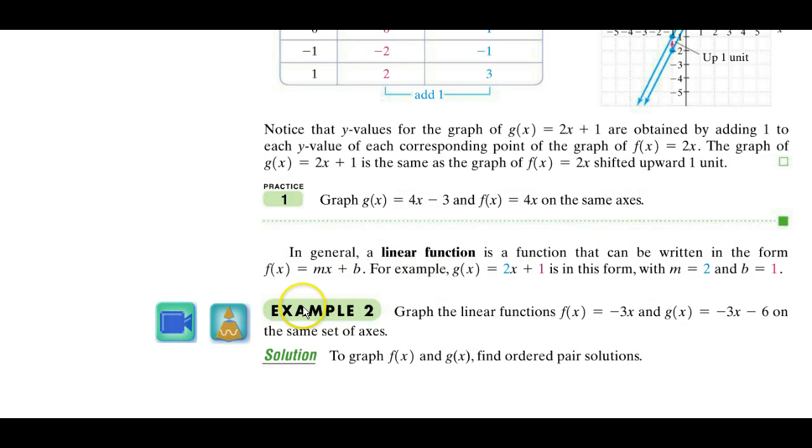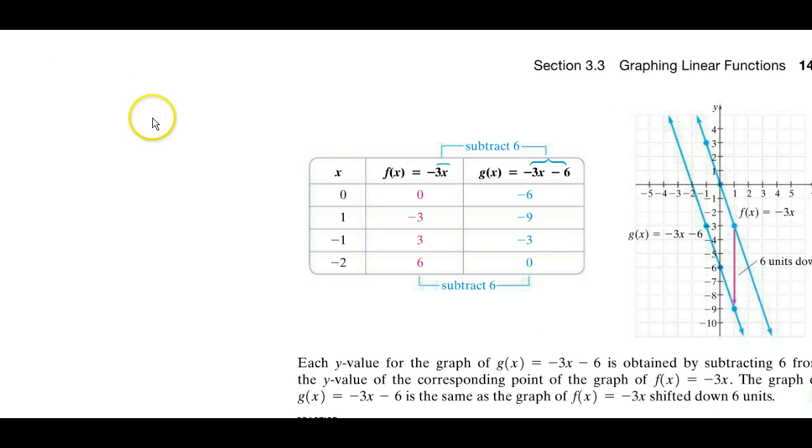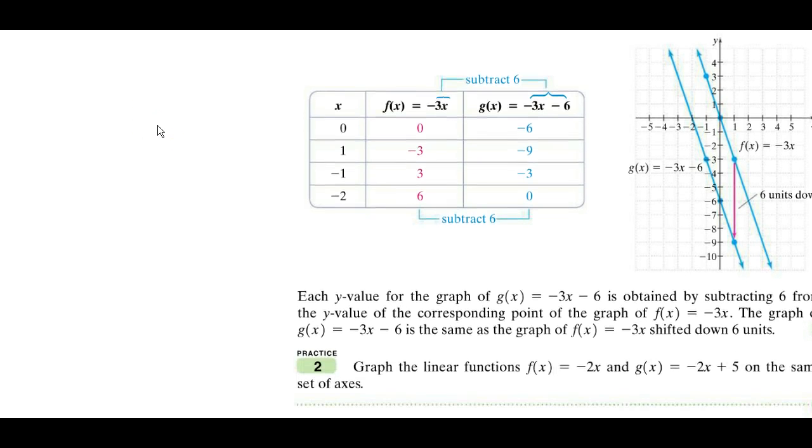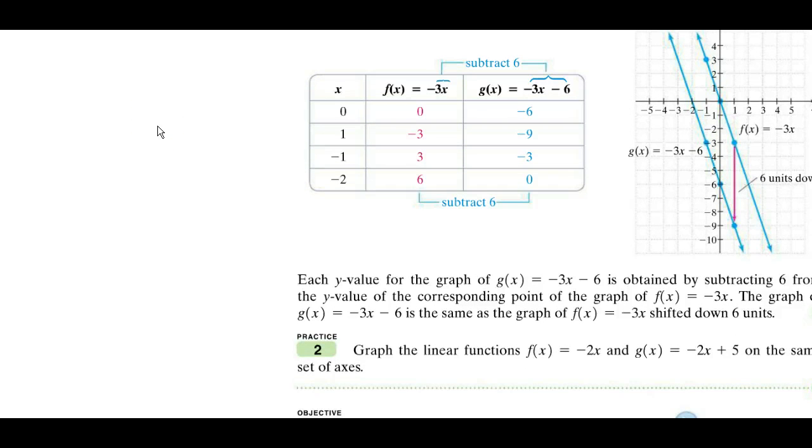Now in example 2, they want us to graph negative 3x and then later negative 3x minus 6. And we'll do that using a t-chart. And notice what's happening now.